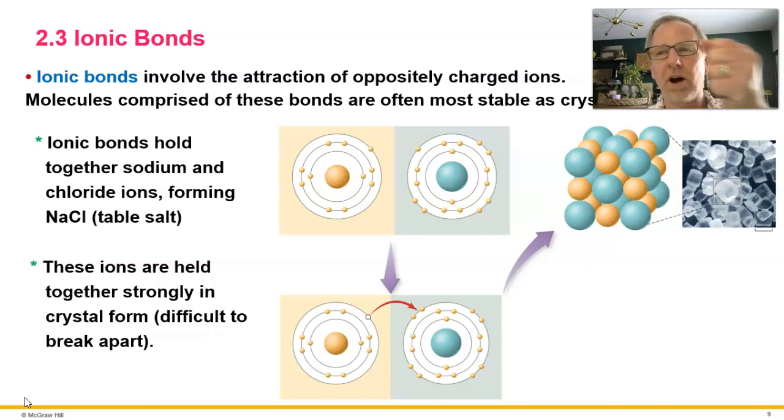So if you have one ion that is positively charged and another ion that is negatively charged, they will attract. And that attraction is an ionic bond. That is what an ionic bond is. They stick together from their attraction. So ionic bonds, for example, hold sodium and chloride ions together to make salt.